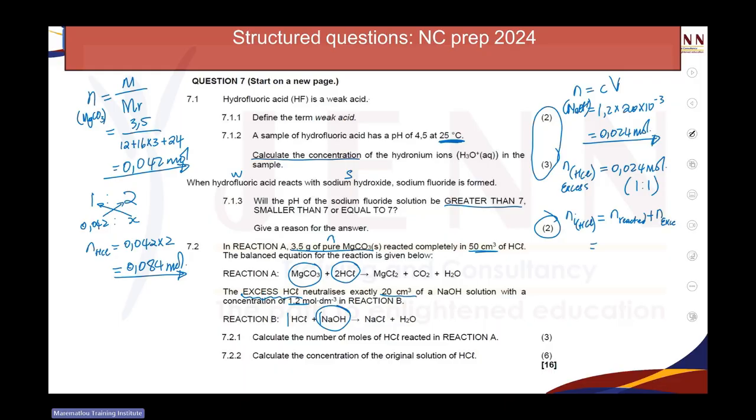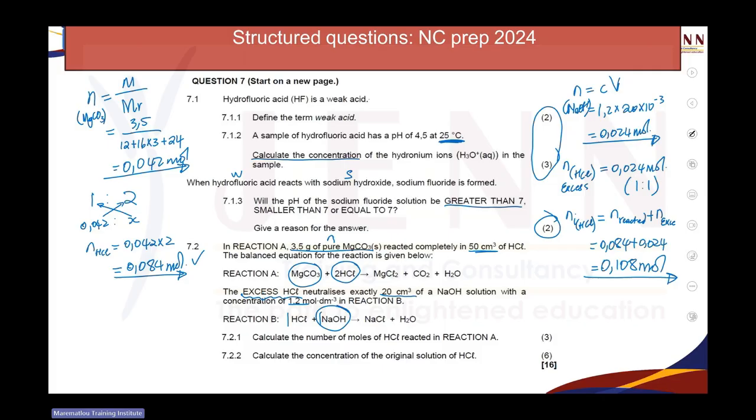What reacted we calculated here: 0,084, with what was in excess, that is 0,024, and that gave us an answer of 0,108 moles. So that was the initial number of moles.